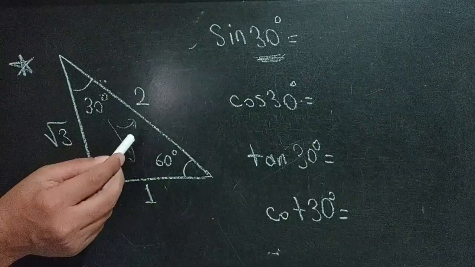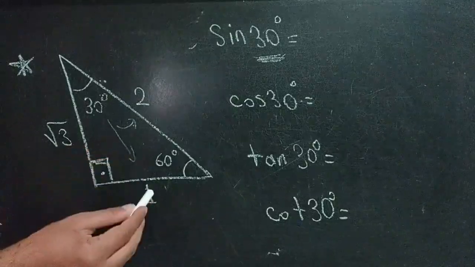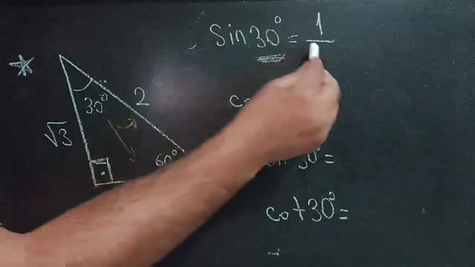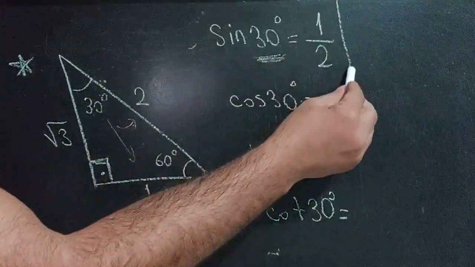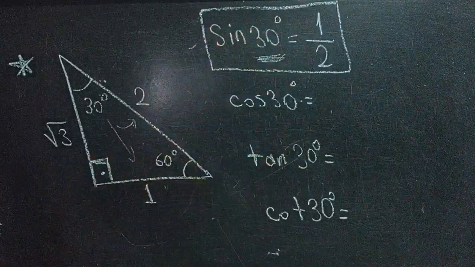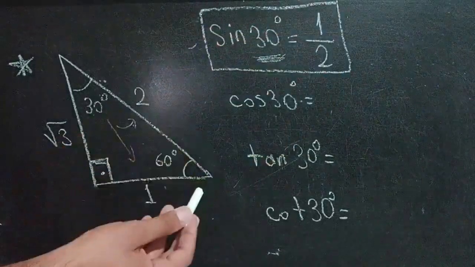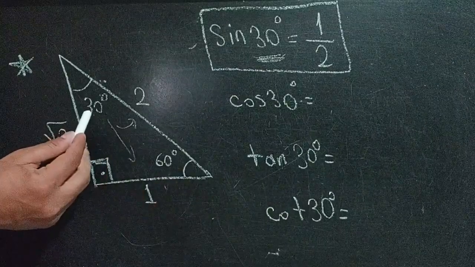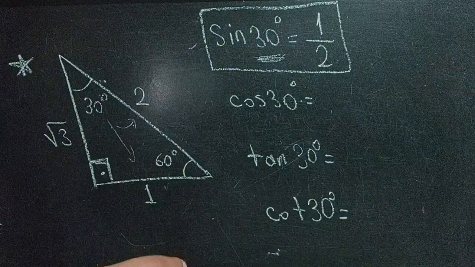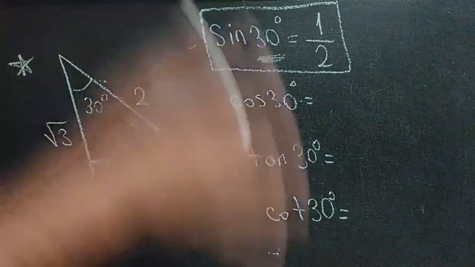Remember from the formula, that will give you 1 over 2, and that's always like this. It doesn't matter what triangle you have. Sine 30 degrees is going to be 1 over 2. All right, and the same thing for all the others.